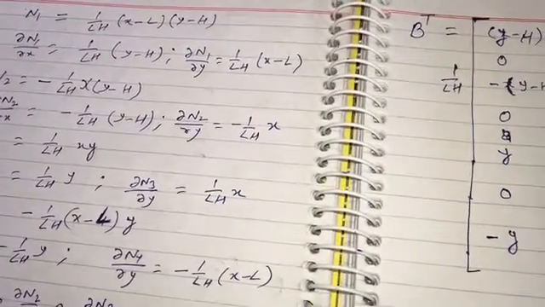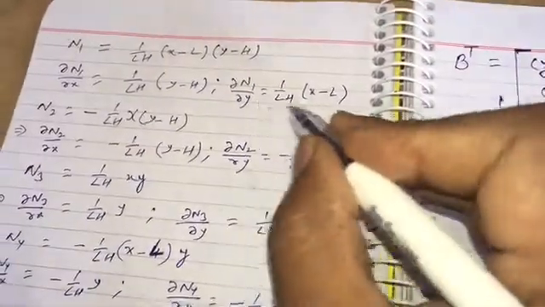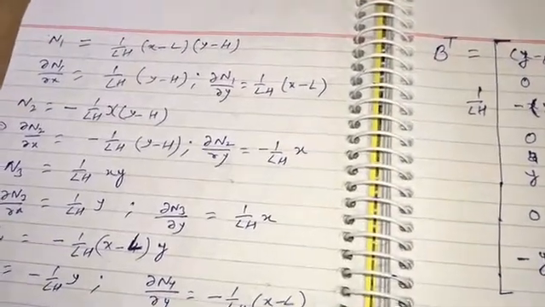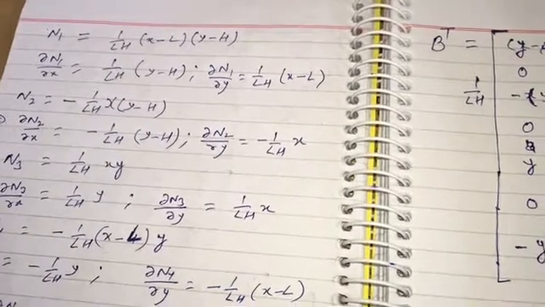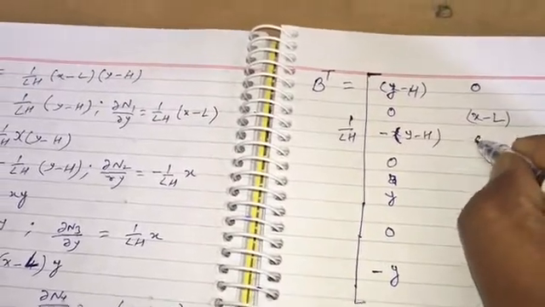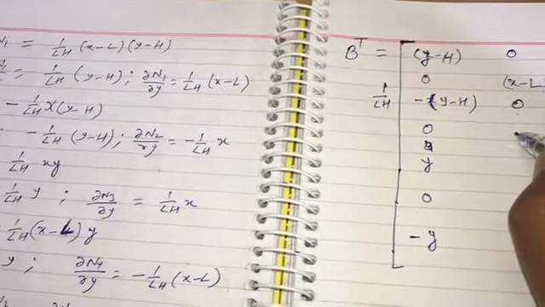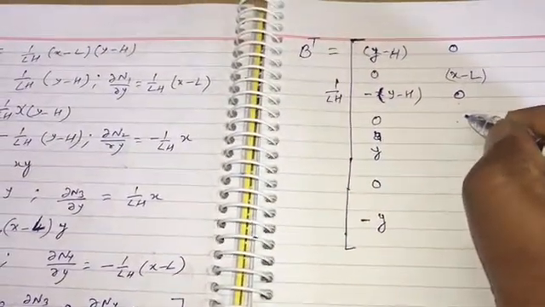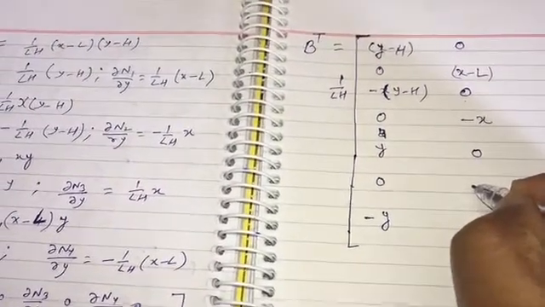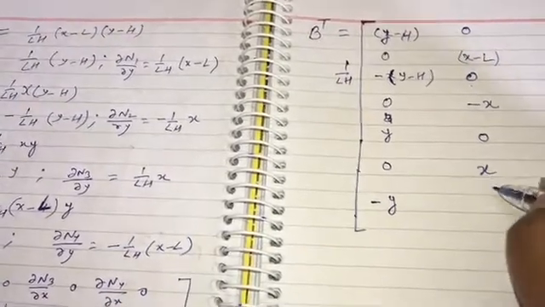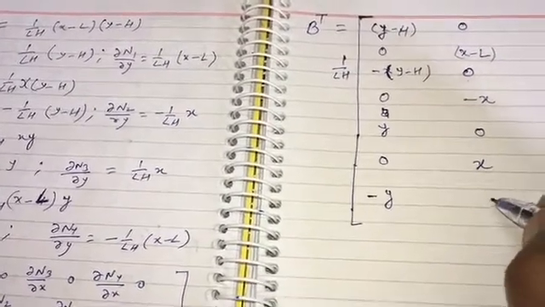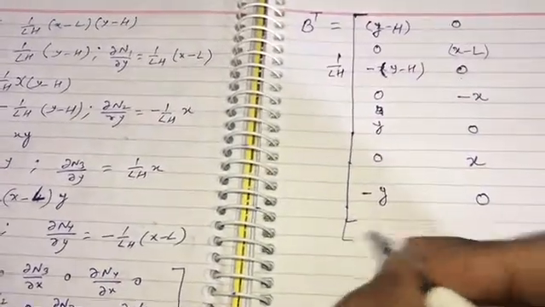Then here will be the N1 del y, so x minus L here, x minus L, then we will have 0 here, 0 here, then here we will have minus x, then 0, then x, then 0, and here also there will be 0.